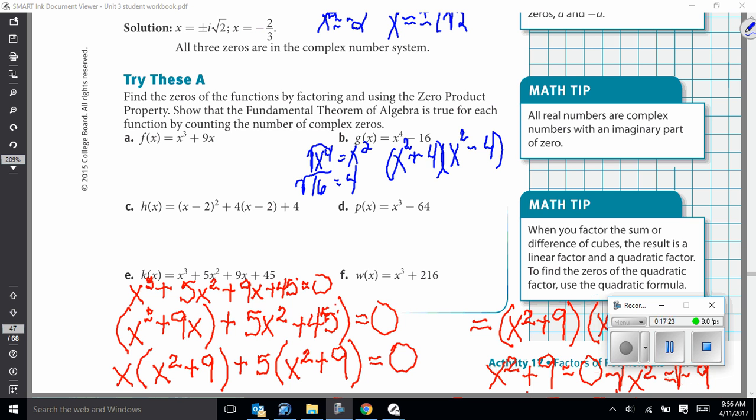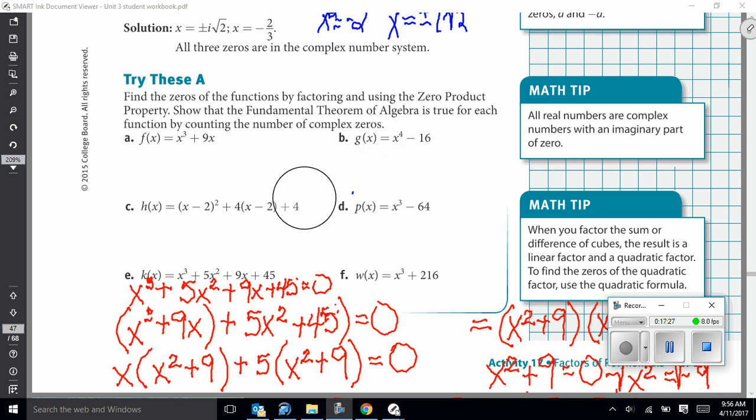Alright, so let me make up another one for you. So instead of that one, let's do 4x squared minus 25. Alright, so we know we're gonna have two parentheses. We can square root our first term, right? So it's 2x.